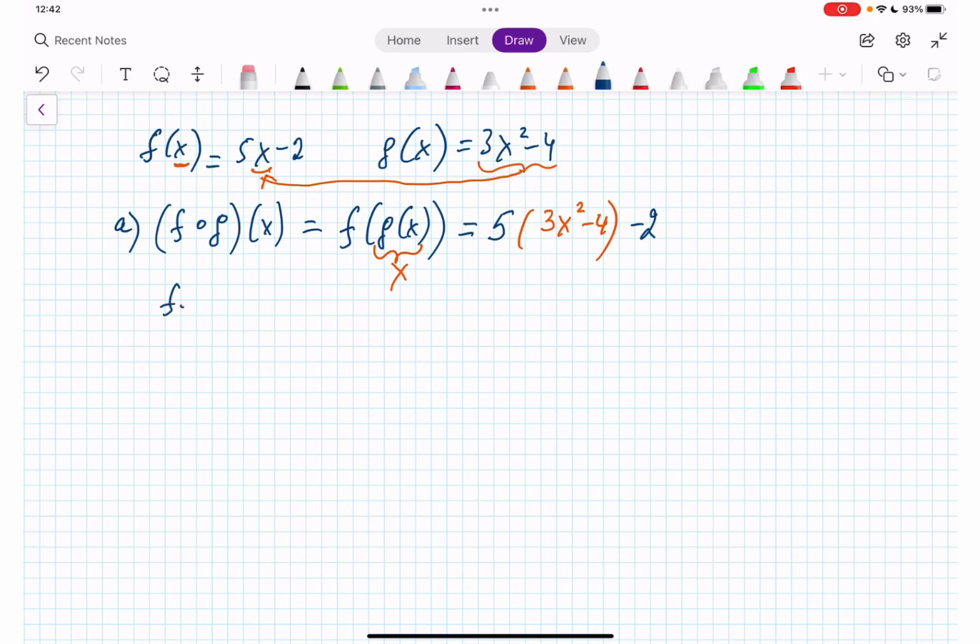So f composed with g of x is going to be equal, distributing 5 times 3x squared, it's going to be 15x squared minus 5 times negative 4, minus 20, minus 2. And the result is 15x squared minus 22.